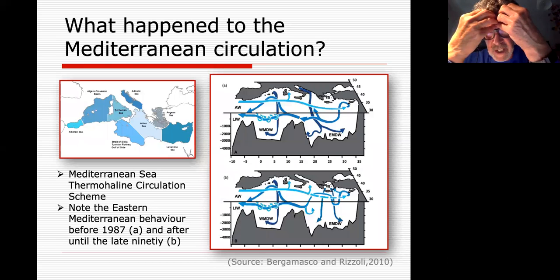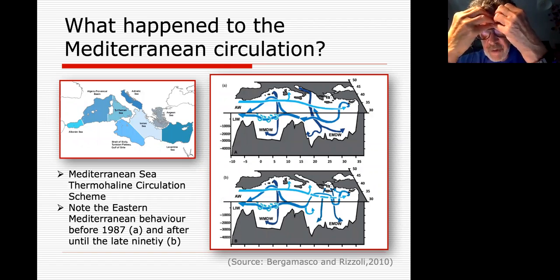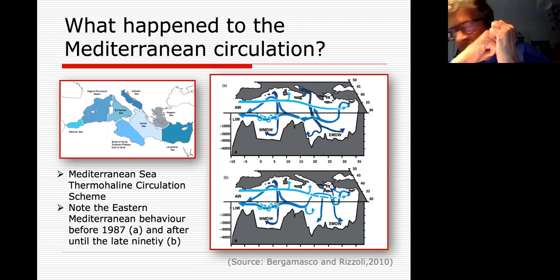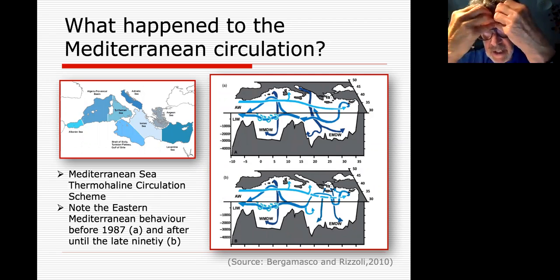So the processes are faster, easier to detect. Unfortunately, the circulation in the Mediterranean is quite peculiar. It does not respond to the same dominant driving forces that are acting in the Atlantic.